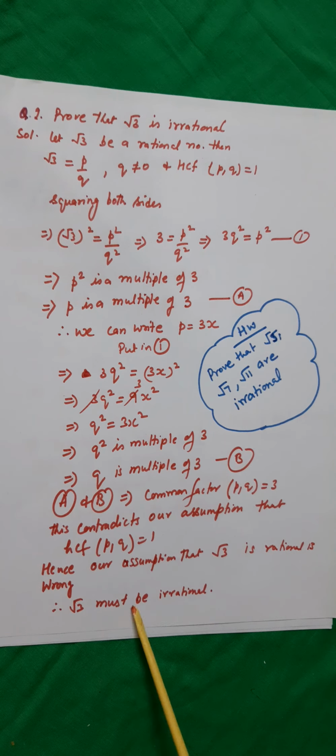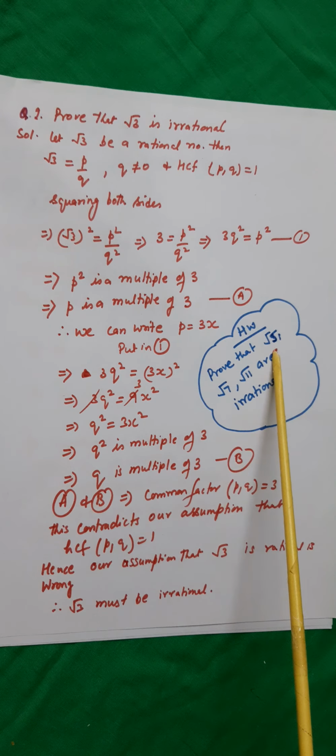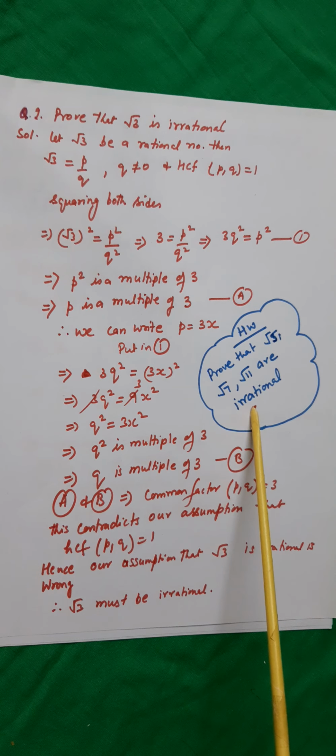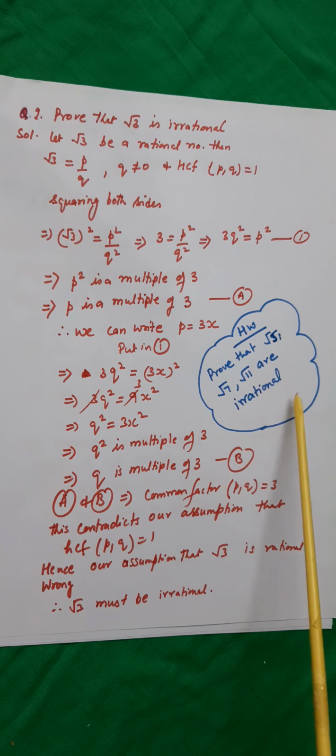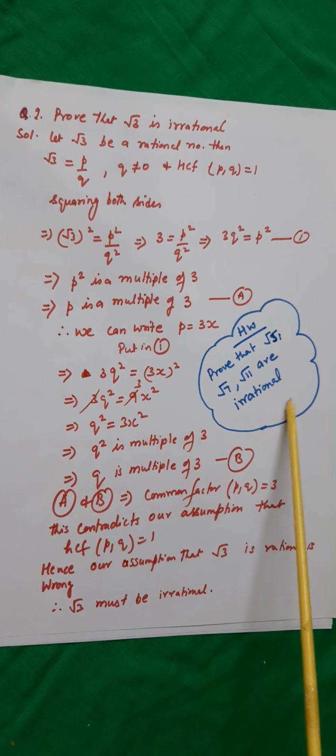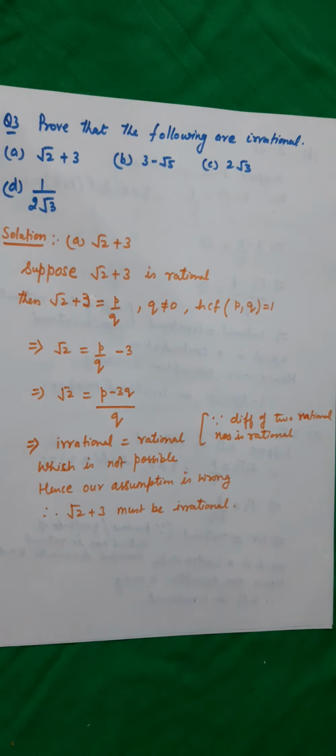Therefore, root 3 must be irrational. Students, now you will be in a position to prove that root 5, root 7, root 11, etc. are also irrational numbers. Rather, you will be able to prove that root of p is irrational if p is a prime number.